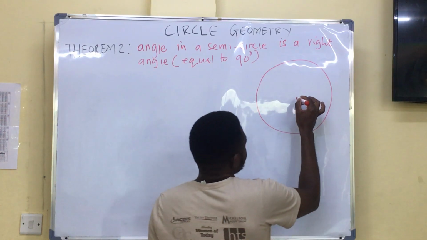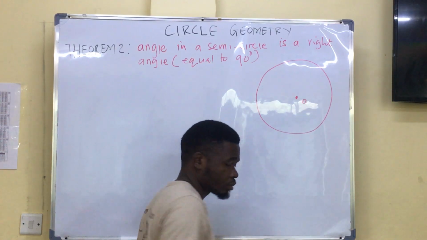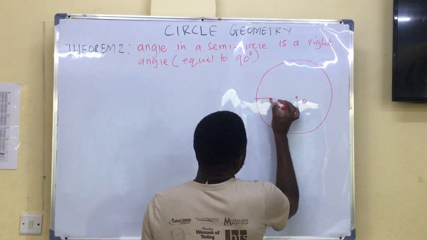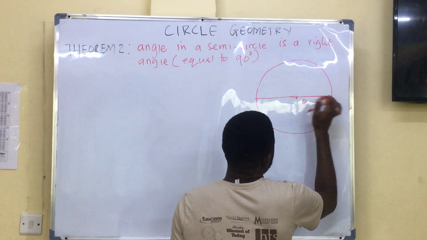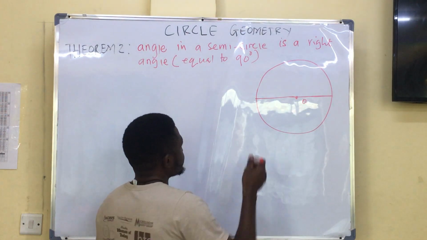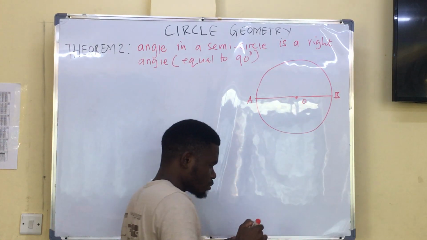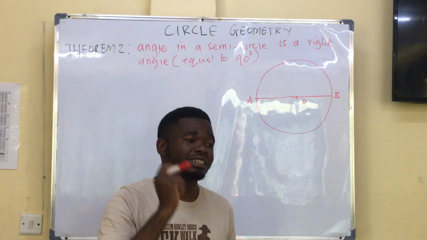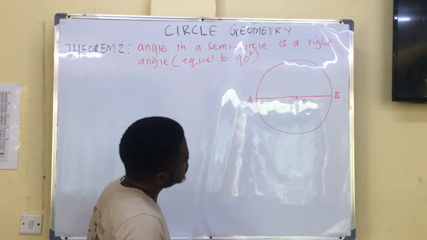So let's have a center here, center O. And let's draw a diameter from this point through the center to that point on the circumference. Let's call this one A, this one B, right? Remember, we want to prove that the angle in the semicircle is equal to 90 degrees, or is a right angle, right?